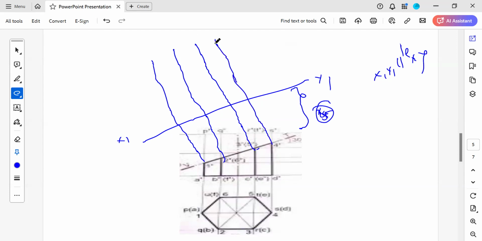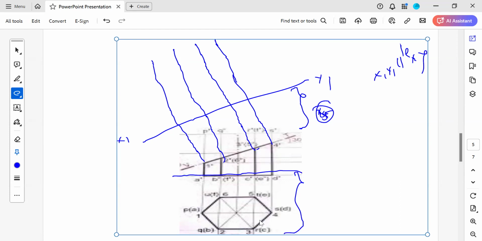Next, below xy line you measure all the dimensions. That means you measure the length of point 1. Suppose it is at a distance of x centimeters, you note the point here, that is 1.